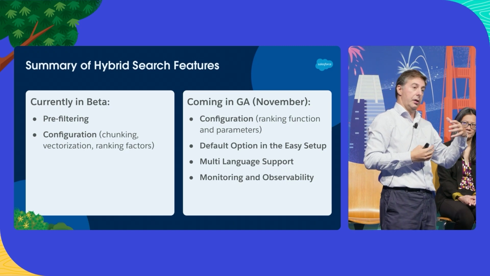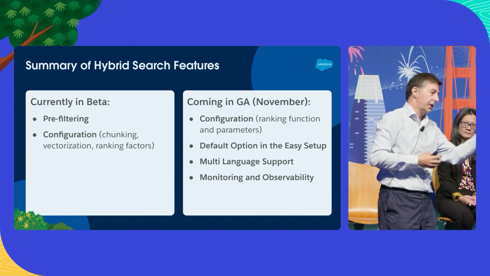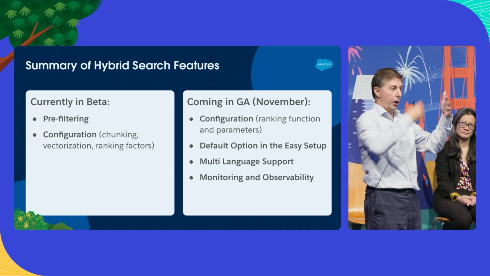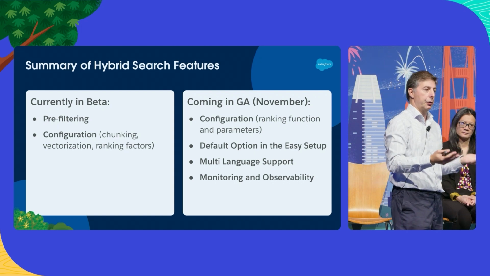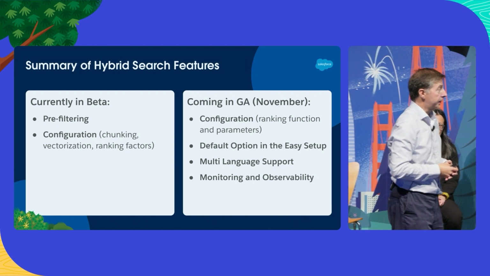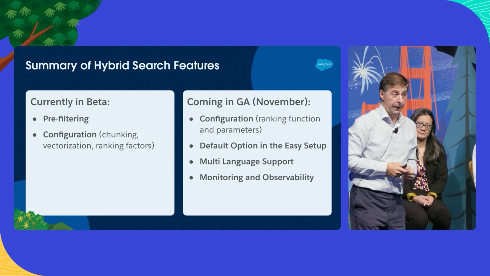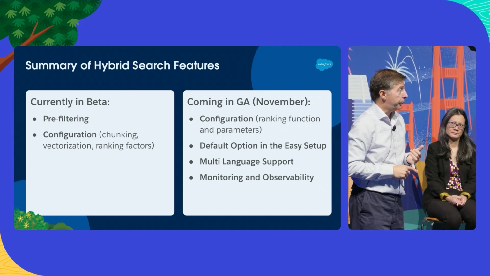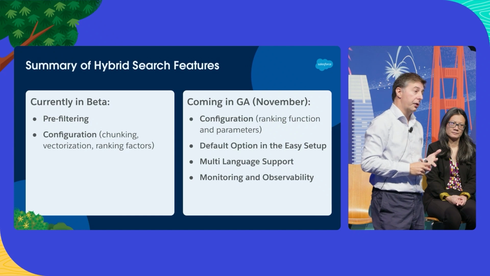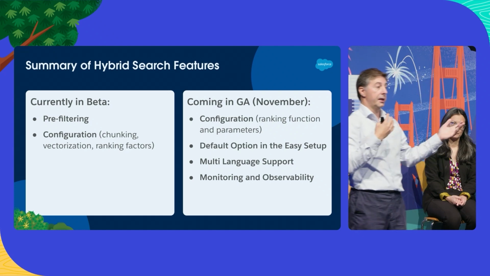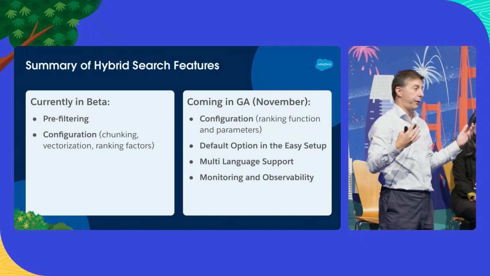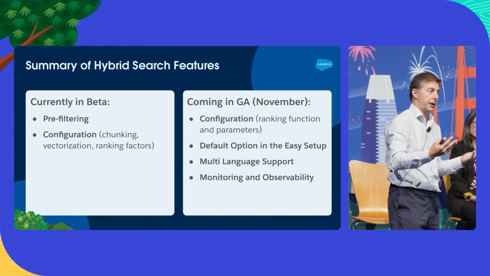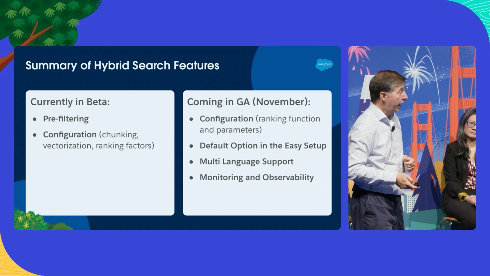You might select more vector search or less vector search in your ranking of the results, and thus fine-tuning for your use case. The default option will be the hybrid search in the easy setup. We'll have multi-language support, and we'll have also monitoring capabilities so you can understand how hybrid search is performing and how users are using this functionality.